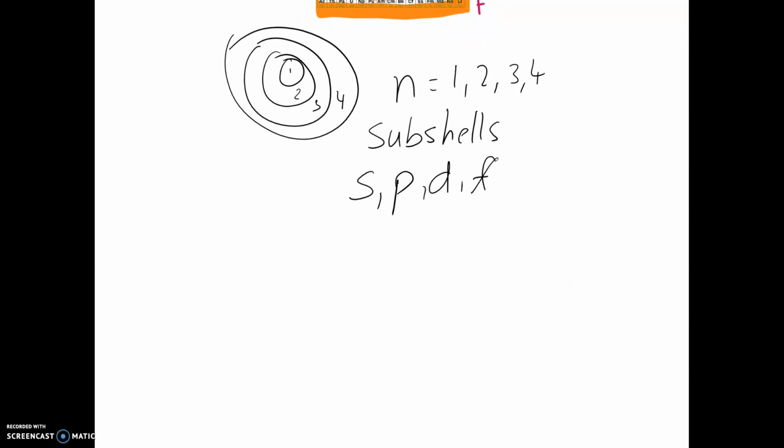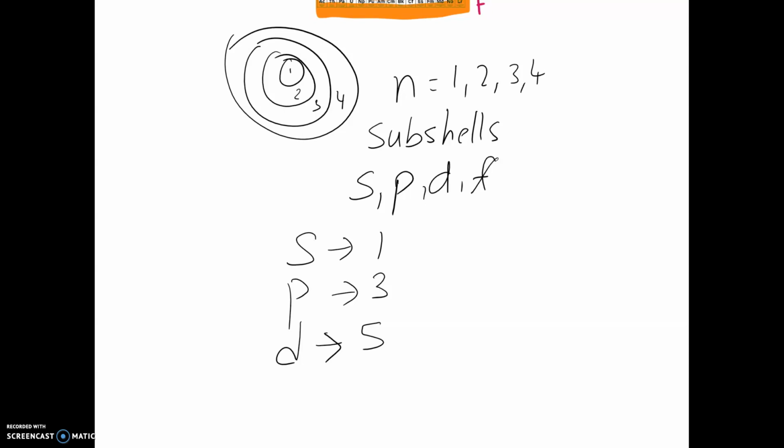S is the spherical shape, P has dumbbell shapes, D and F have variable shapes. S has 1 orbital, P has 3, D has 5, and F has various.